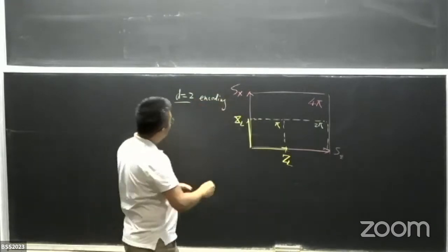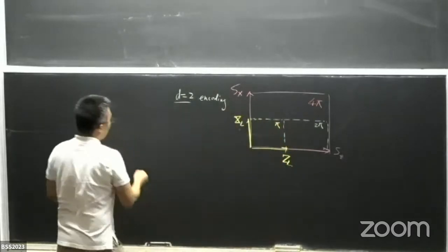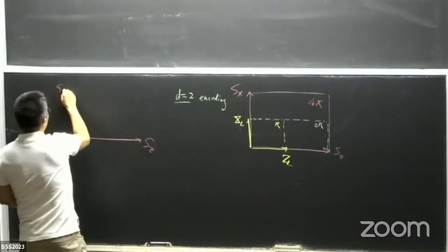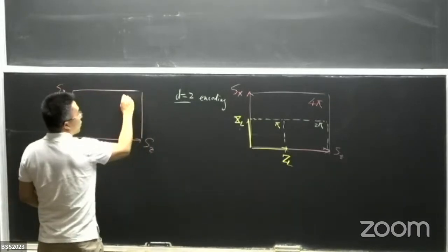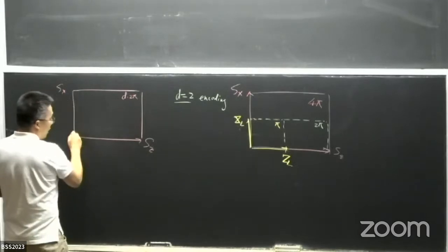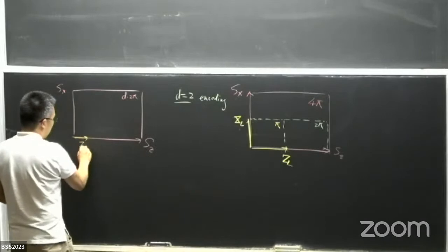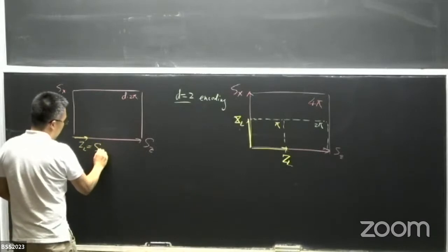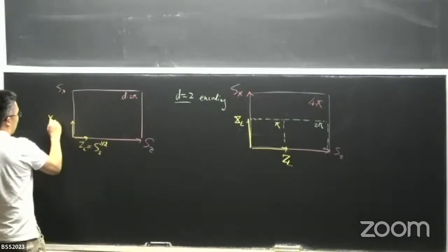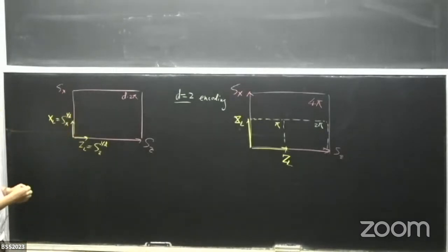Now, once you see this pattern, you can give a more general encoding to encode a D-level system. I can have my SZ and SX enclose an area of D times 2 pi. And I can define my logical Z to be the Dth root of the stabilizer, and similarly the X logical to be the Dth root of the X stabilizer.